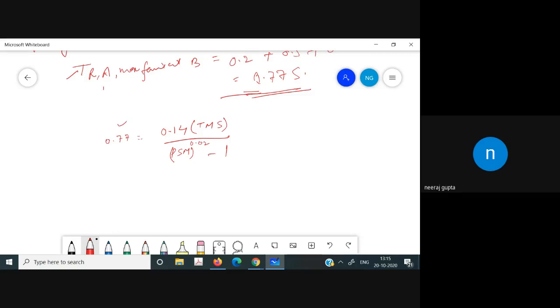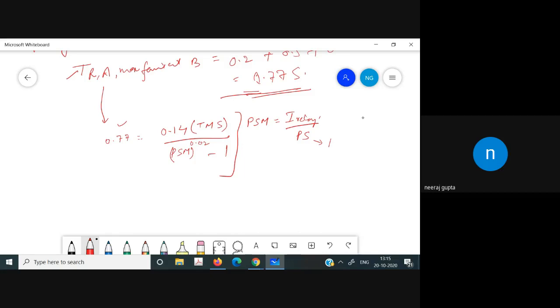So we have to calculate the TMS and PSM, and only then is the setting of the relay complete. Now, we know that PSM is equal to the current seen by the relay, that is the secondary current of the CT, divided by the plug setting. And the plug setting in this case, we have taken as 100%, so its value is 1.